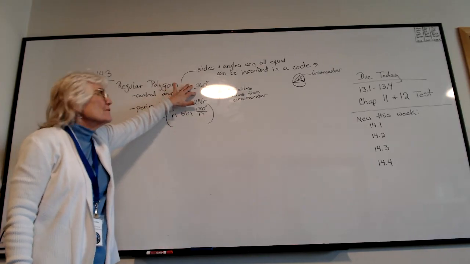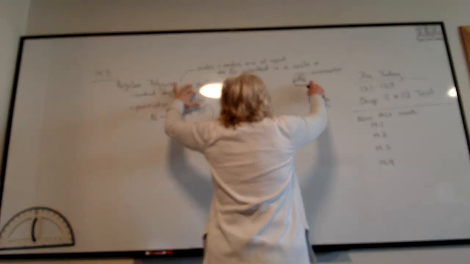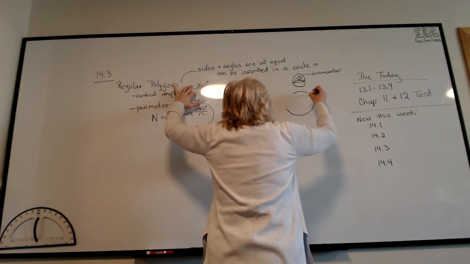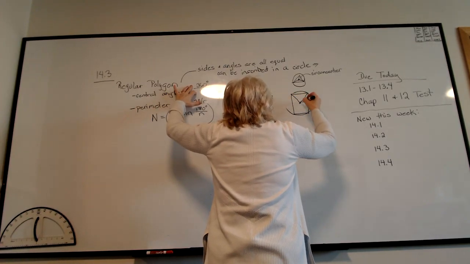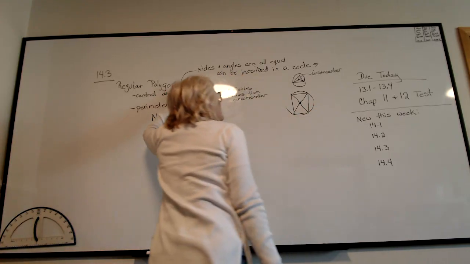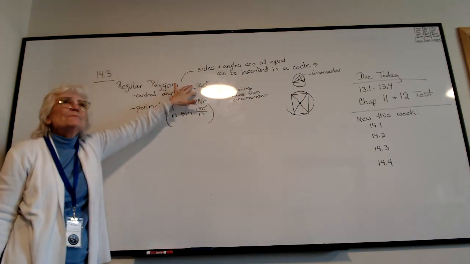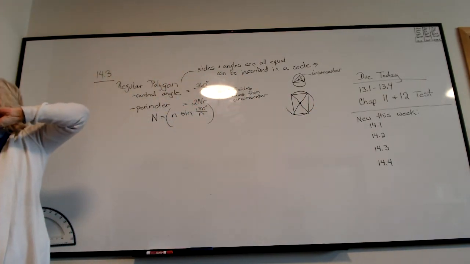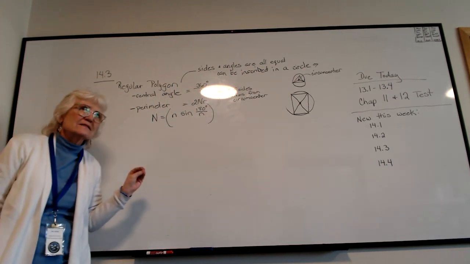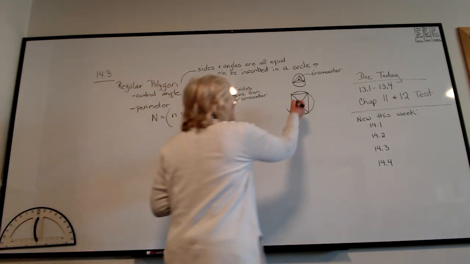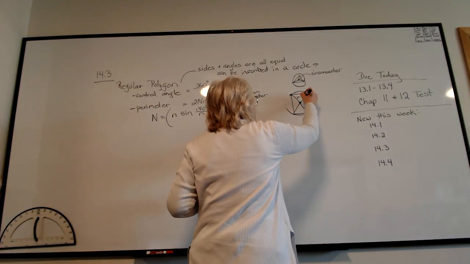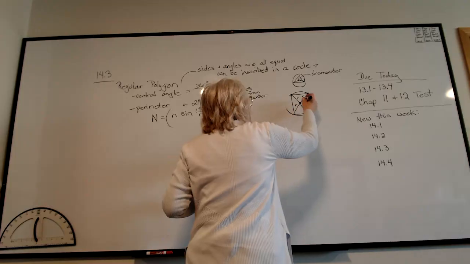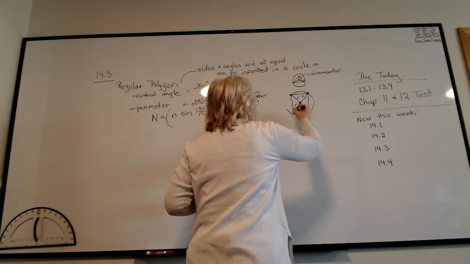If I have a square, you're going to have four radii in the center, the same number of radii as you do sides, because you're going out to each of the points from the center. These are all the length of the radius.